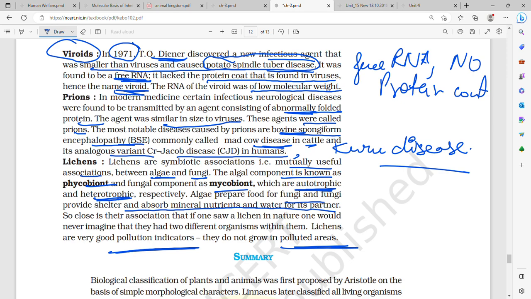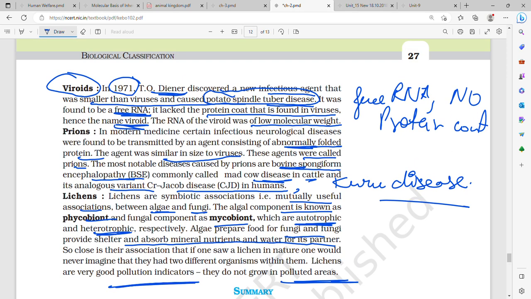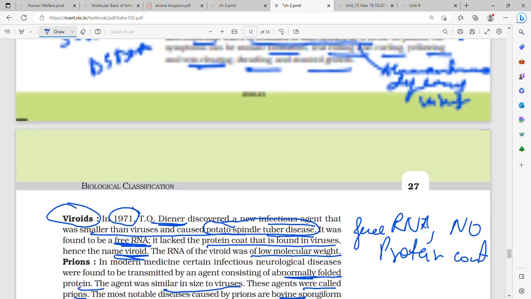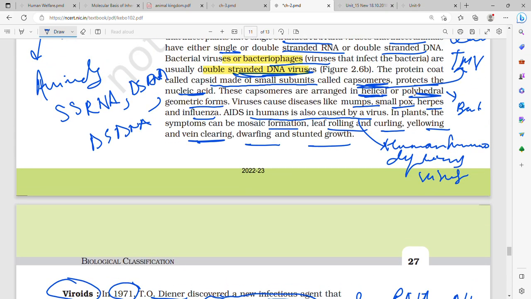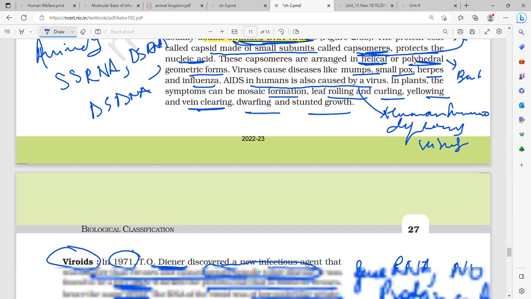They are similar in size to viruses. Viroids are free RNA, that is, no protein coat, low molecular weight RNA, smaller in size than viruses, and may cause potato spindle tuber disease.